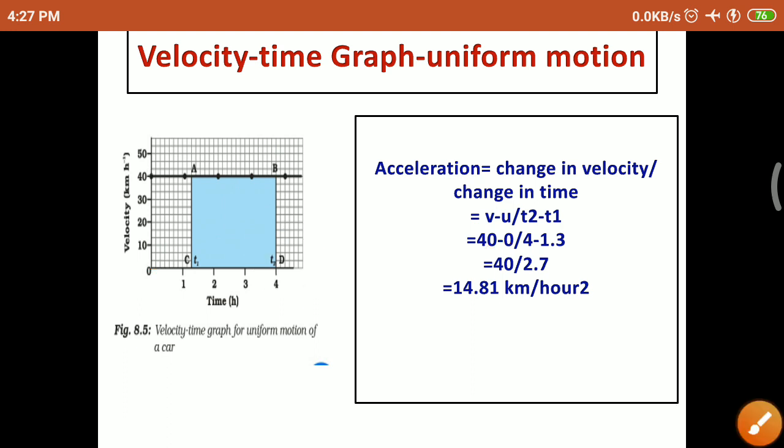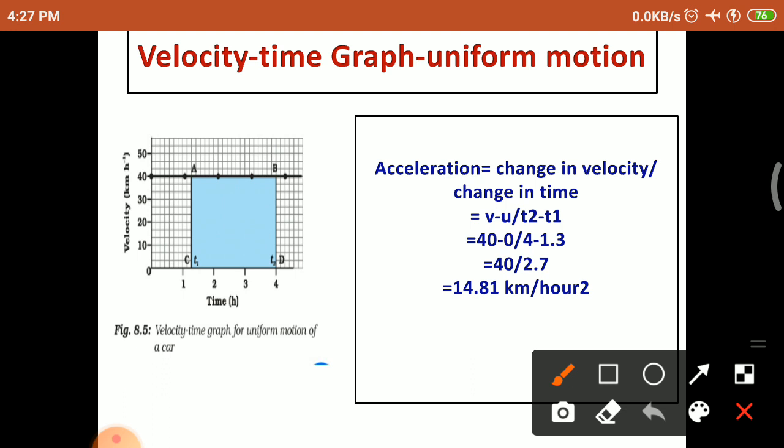And the t1 value is 3. 40 minus 0 is 40. 4 minus 1.3 is 2.7. When I divide 40 by 2.7, I got 14.81 kilometer, because the unit of distance is given here in kilometer. So kilometer per hour squared.